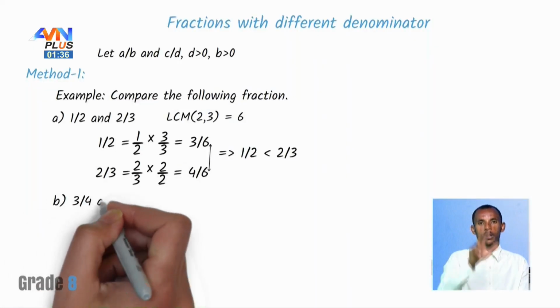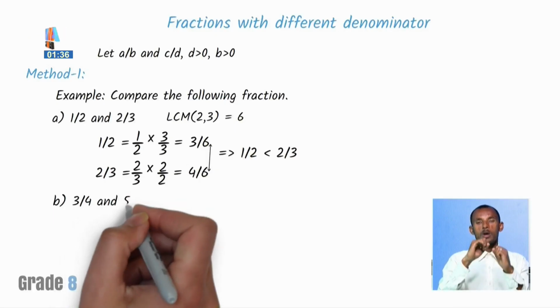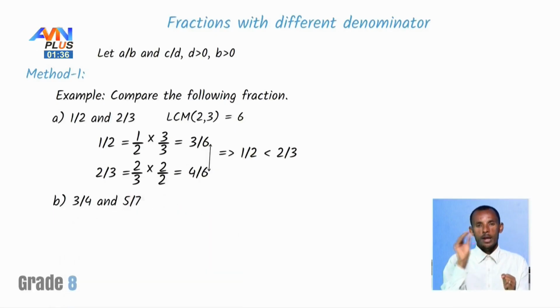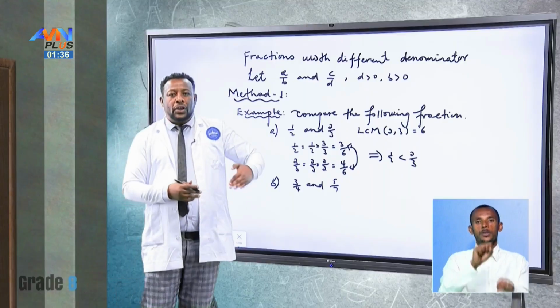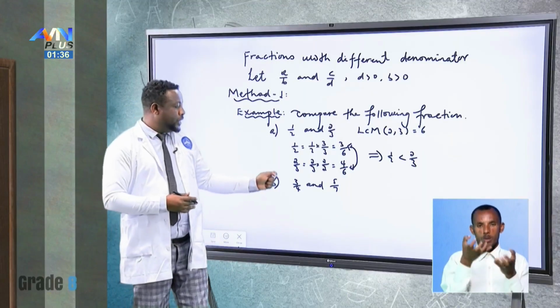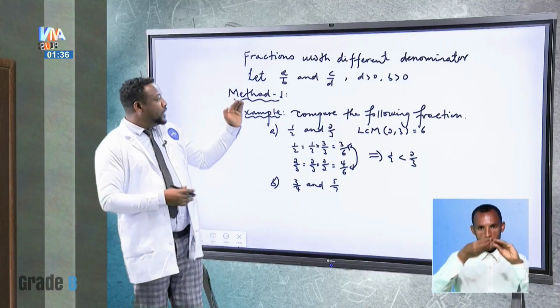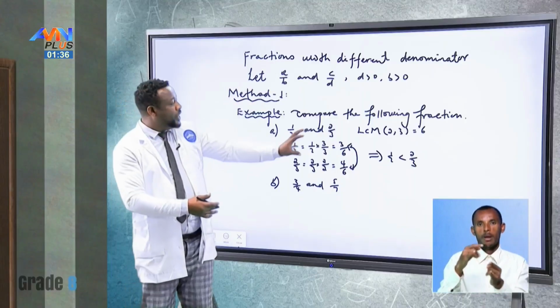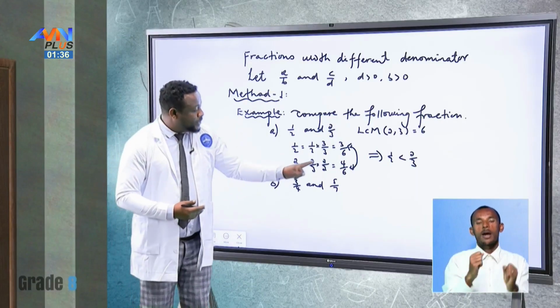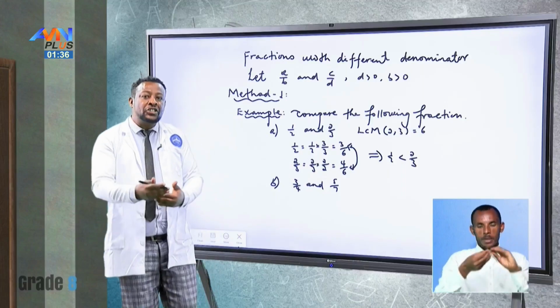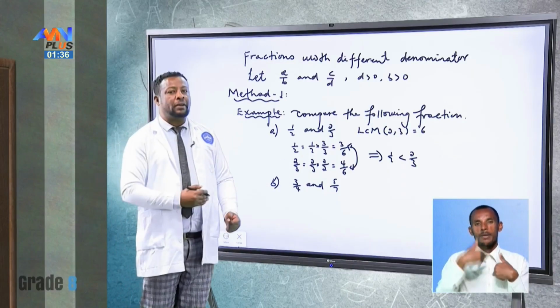Compare 3 over 4 and 5 over 7. Okay, so if you want to compare these two numbers using the method that I used here in part A, you can convert these two numbers into fractions having the same denominator.